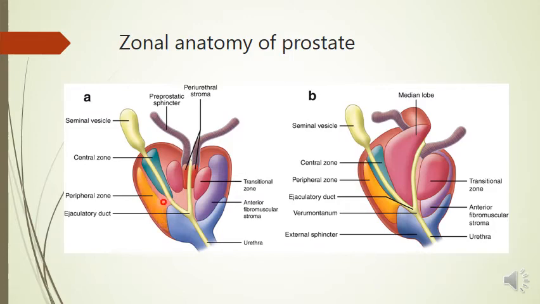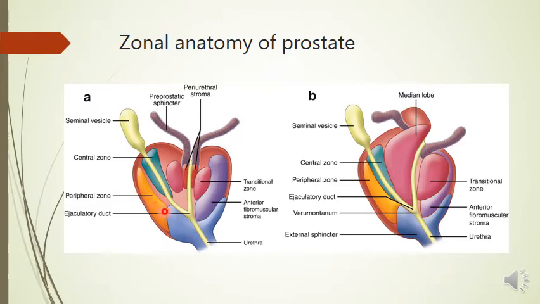so the transition zone lies around the distal part of the pre-prostatic urethra here, right? It lies distal. This is the pre-prostatic urethra, and the transition zone lies a little bit distal to that, and the ejaculatory ducts open into the prostatic urethra between the pre-prostatic sphincter above and the ducts of the peripheral zone below.